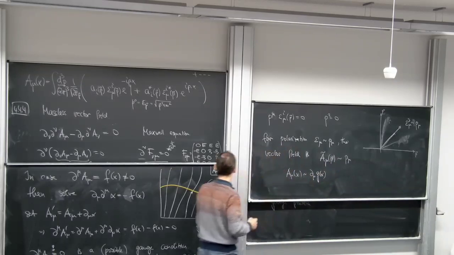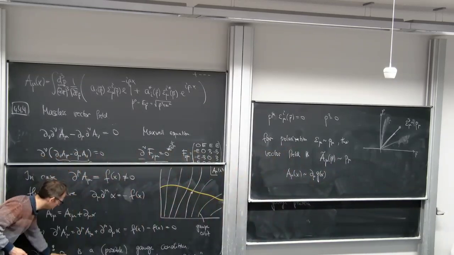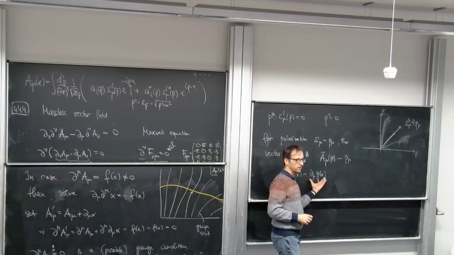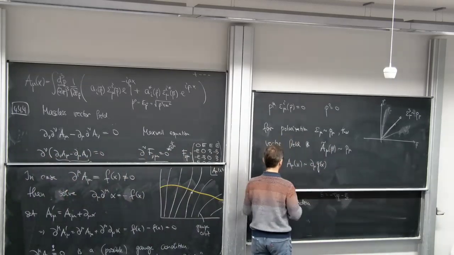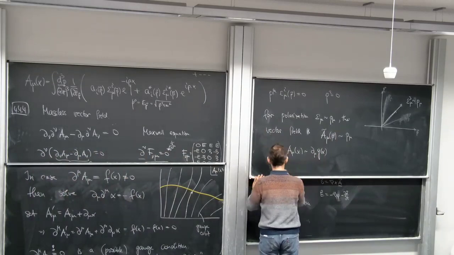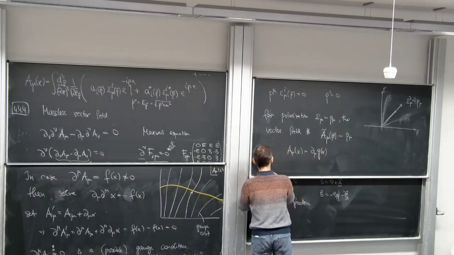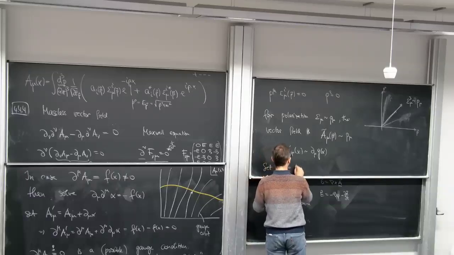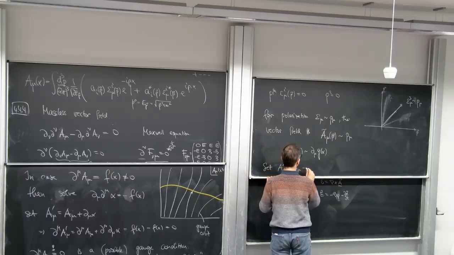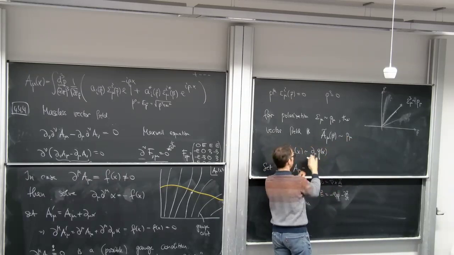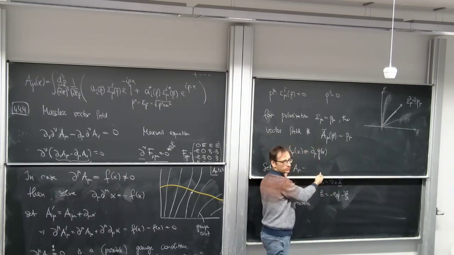But now I will use an argument like this, which also removes this bit. So now A mu prime equals A mu minus, I don't need to write proportional because whatever there is, I just put into the G. Because I want to write an equation with something canceled.